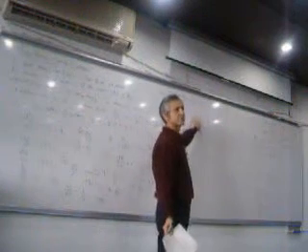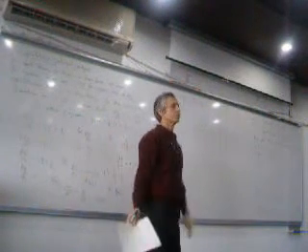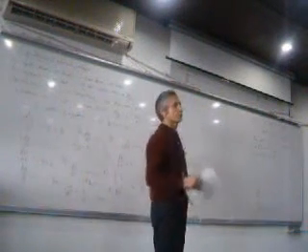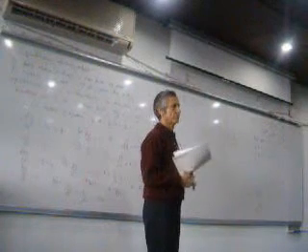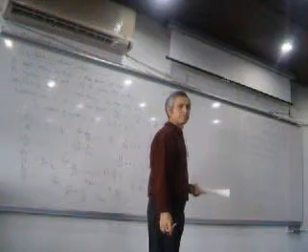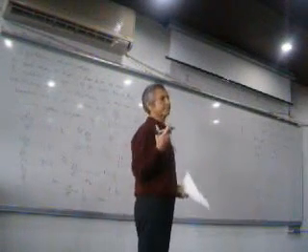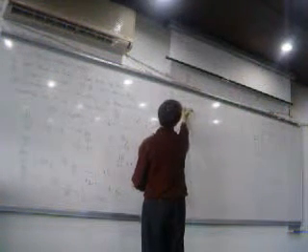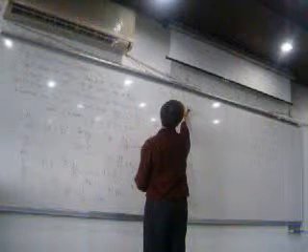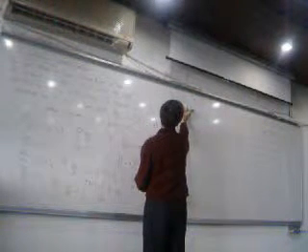What model is this? The mass spring oscillation model. What do you do? What do you write down? You say dx over dt equals d squared x over dt squared equals 0, right? So you write it down, what do you get?